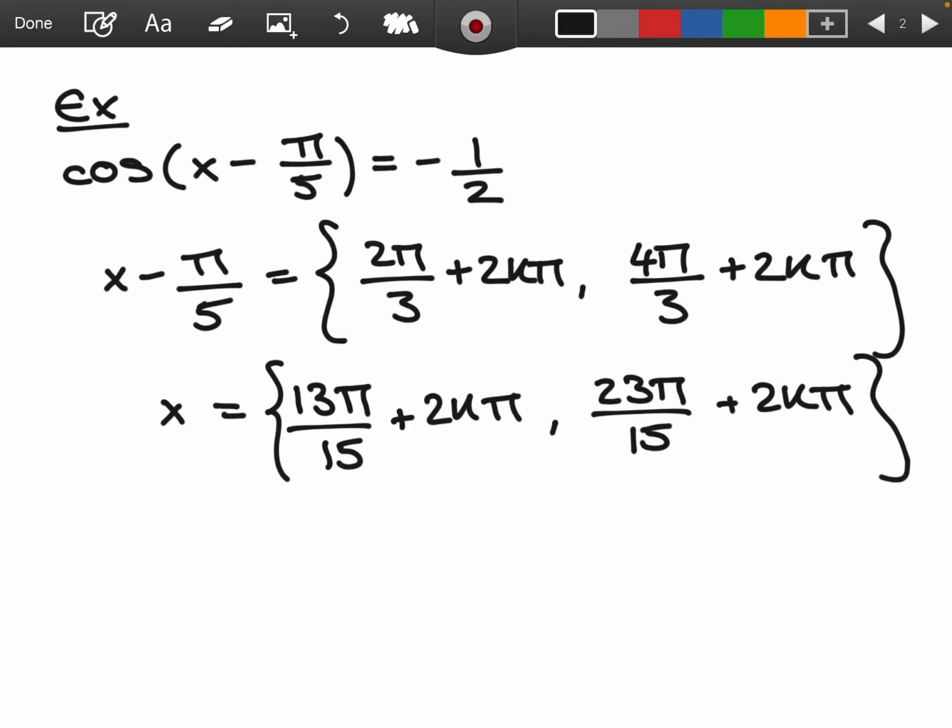So for any of these examples where we are adding or subtracting an angle from the x value inside the trigonometric function, it works exactly the same way as the previous examples. It's just that at the end you are going to have to add or subtract an angle from each of the values inside the set.